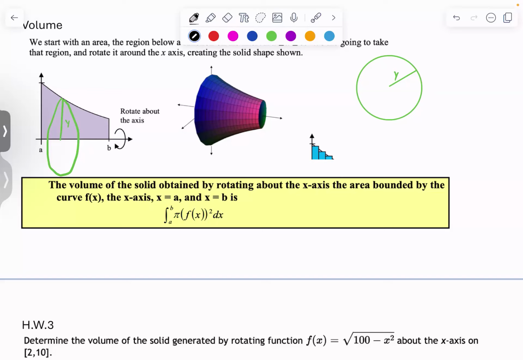The volume of the solid rotating is going to be, and we can see that the area of a circle is pi r squared. In this case, that's our function squared. And then you can see our actual formula here, which is pi r squared or y squared or f of x squared. It all means the same thing.